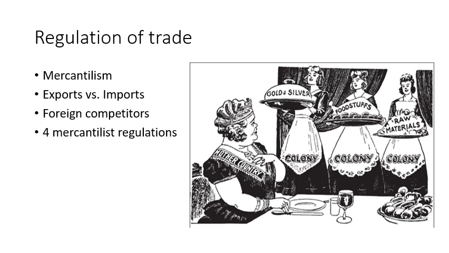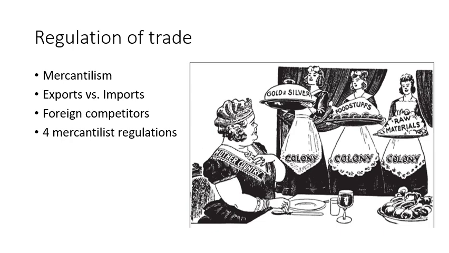So mercantilism, we have to define, was basically an economic system that the government intervenes in the economy for the purpose of increasing national wealth. I'm going to say that one more time.